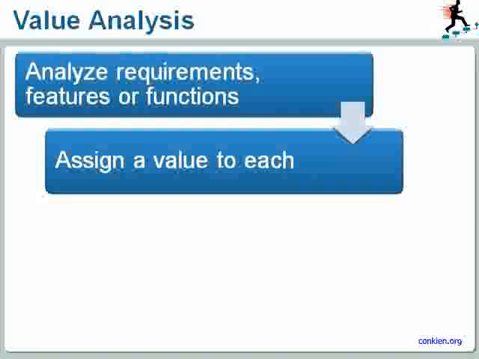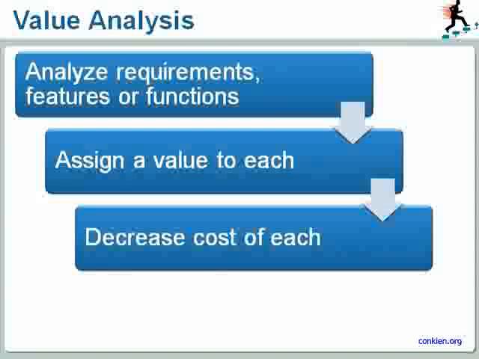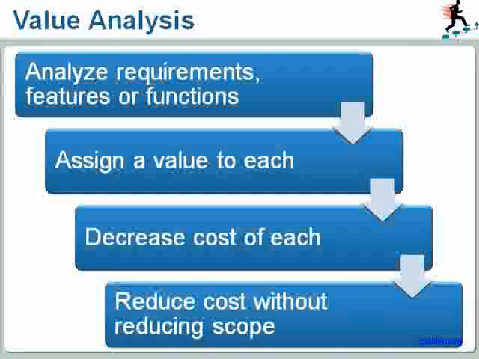In your next step, you are now going to try and decrease the cost of these requirements, features, and functions, the cost of production, that is, of course, but without reducing your scope. So you keep all those features and functions, but you try to produce them less expensively. You attempt, in other words, to create a cost reduction without a scope reduction. And that's really what value analysis is all about.